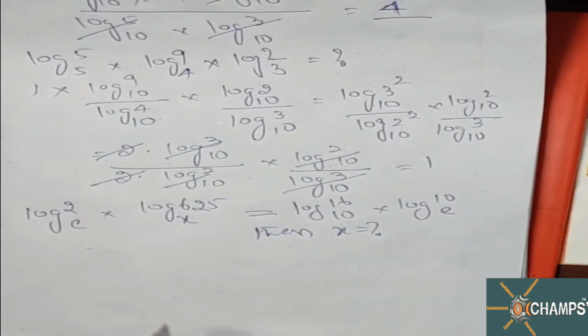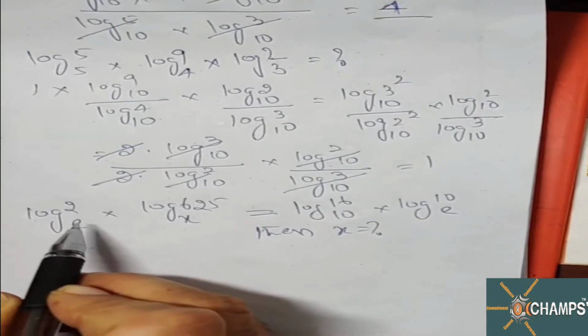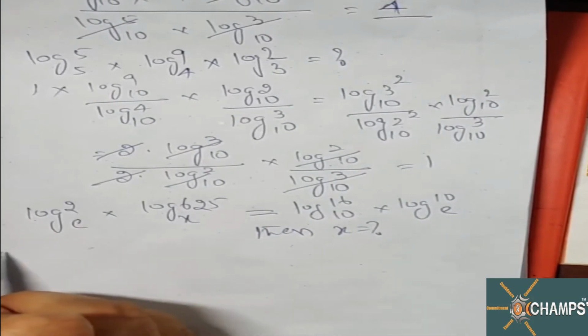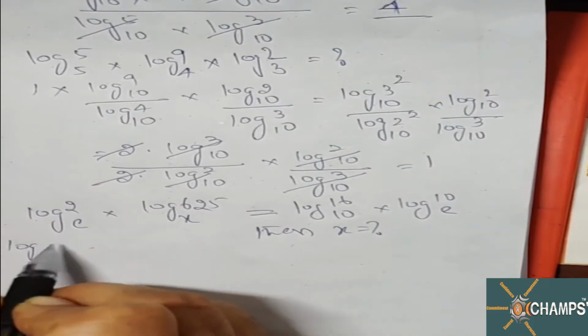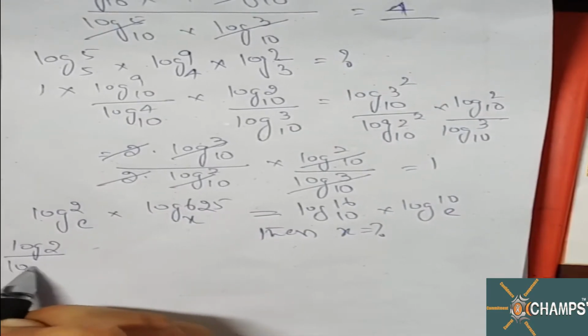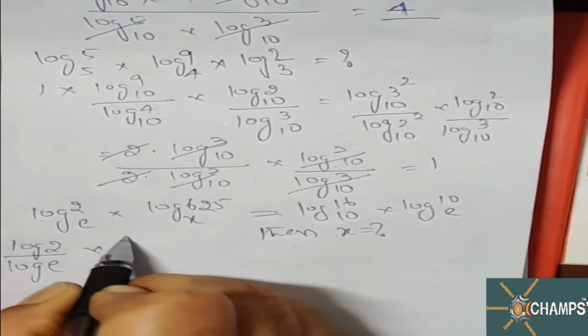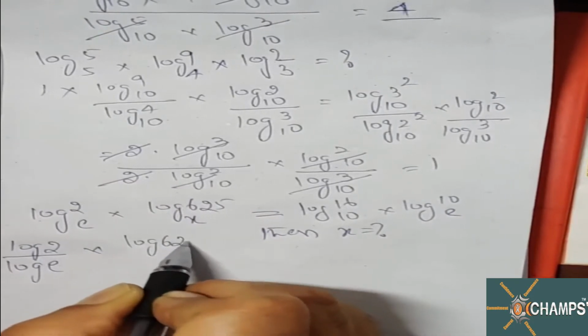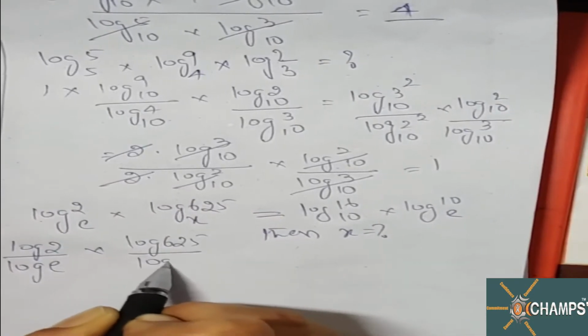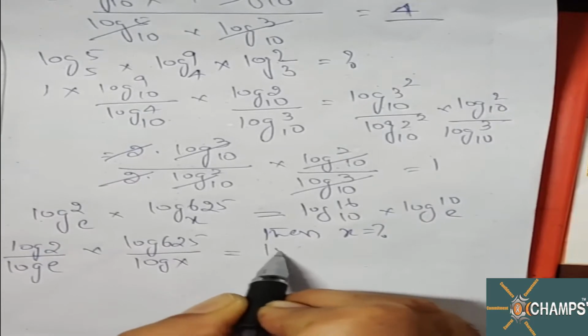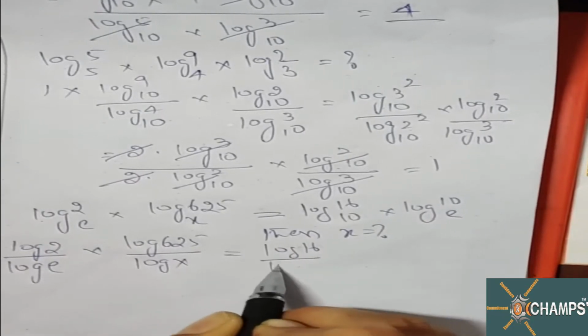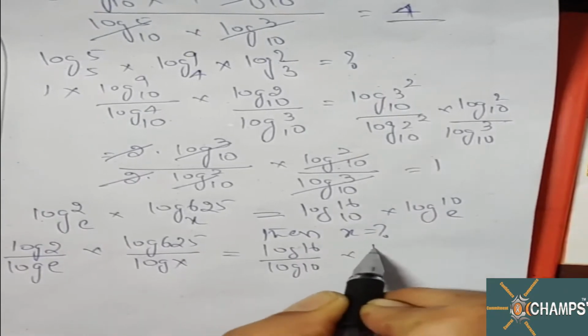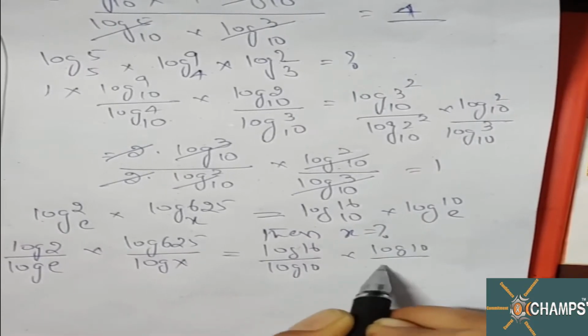Okay. Now again using base shifting concept, log 2 to the base e can be written as log 2 by log e, into log 625 divided by log x, is equal to log 16 by log 10 into log 10 divided by log e.